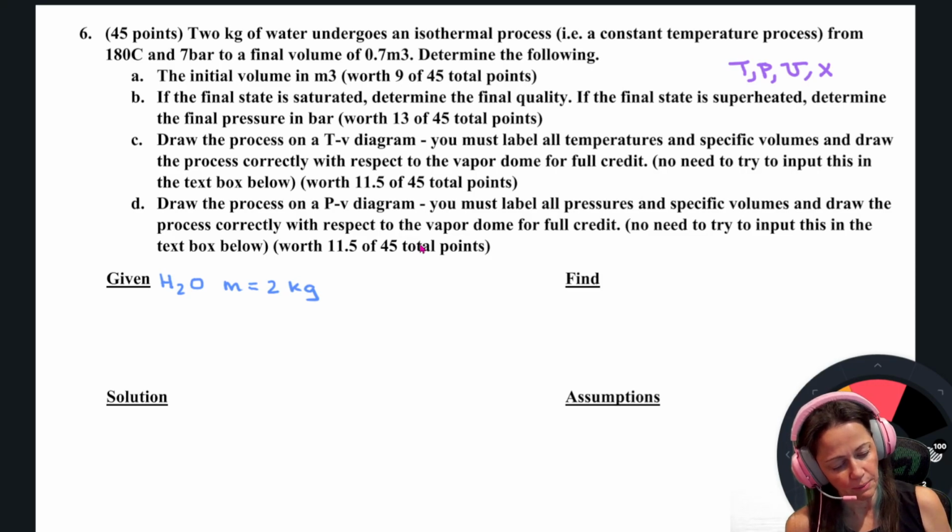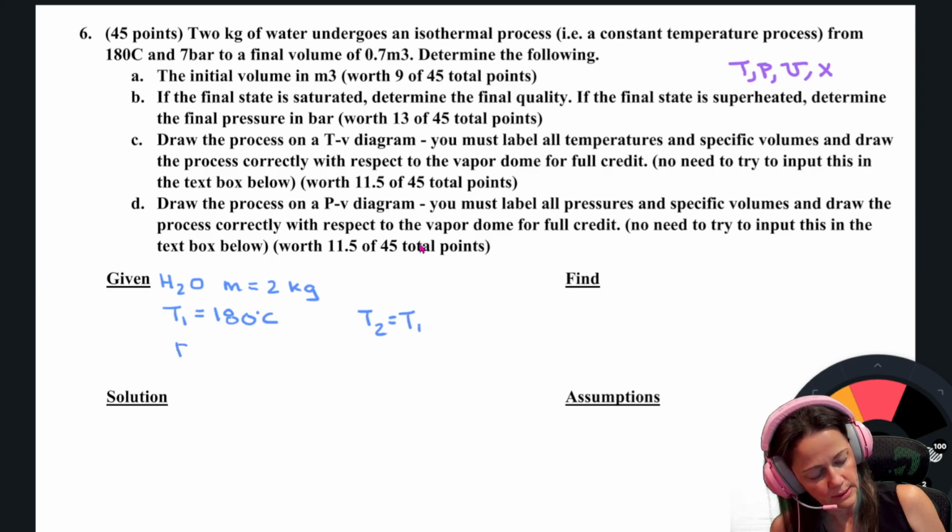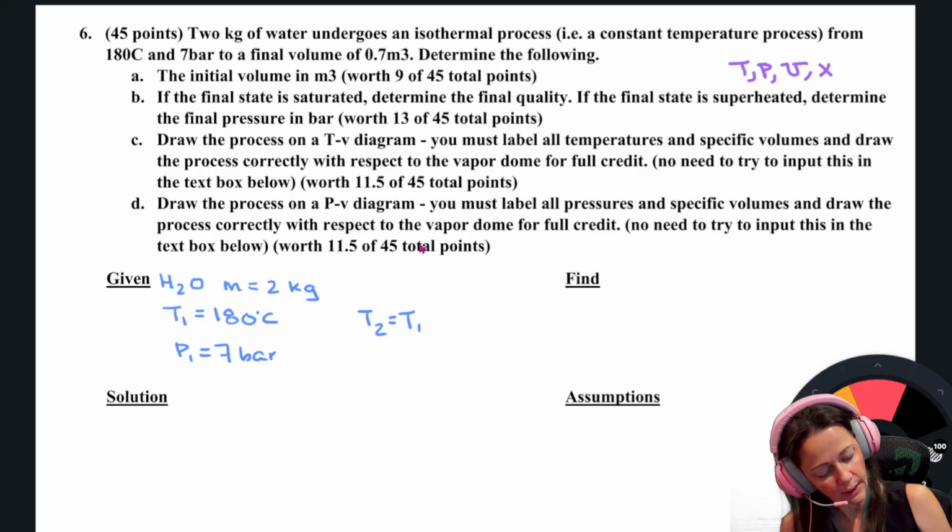All right, I've got the mass. I know it undergoes an isothermal process at 180 degrees, and isothermal means that the temperature doesn't change. It's initially at 7 bar, and then it goes to a volume of 0.7 meters cubed.